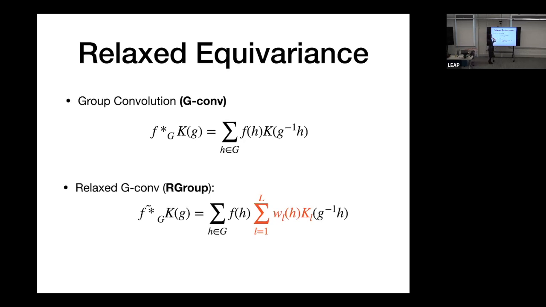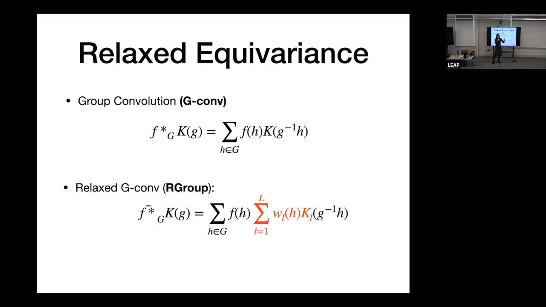So the key idea of introducing symmetry breaking in group convolution is that, instead of using one kernel that is shared across all the input, we can have different kernel bases, and the actual kernel is a linear combination of kernel bases. The weights, or the coefficients W of this linear combination, actually depend on the input.